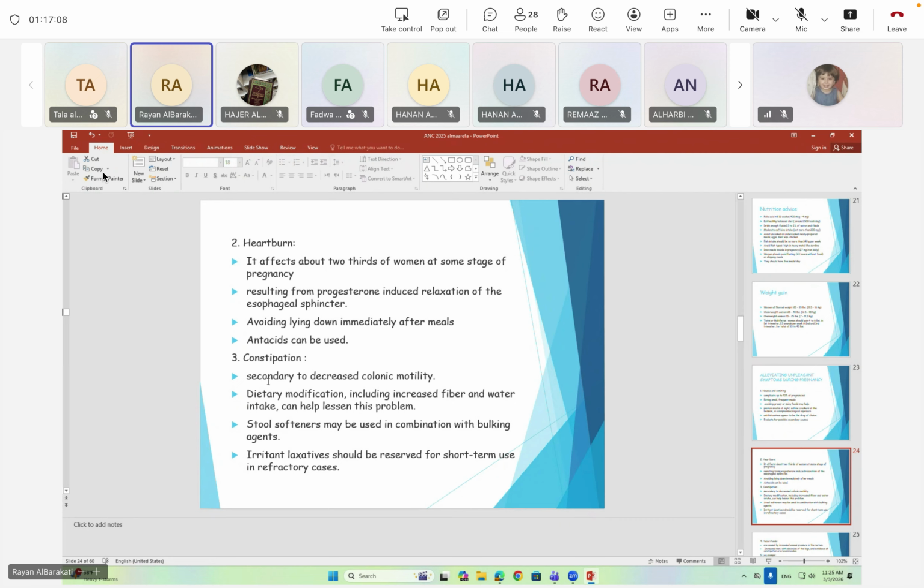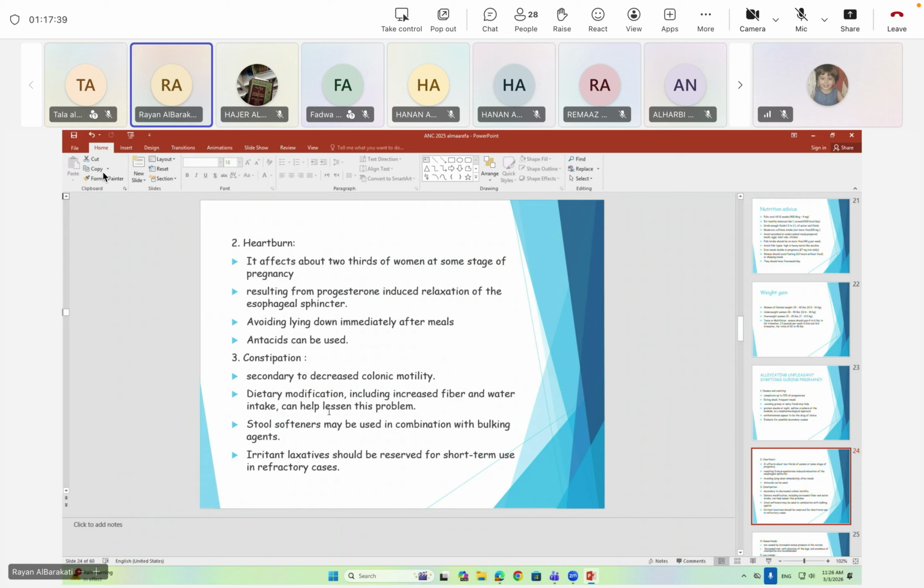Constipation is also secondary to decreased colonic motility. Dietary modification, including increased fiber and water intake, can help lessen this problem. Enemas may be used in combination with bulking agents, and we know that we treat constipation with different pharmacological agents. Some of them are stool softeners, some are laxatives, and others are bulking agents.